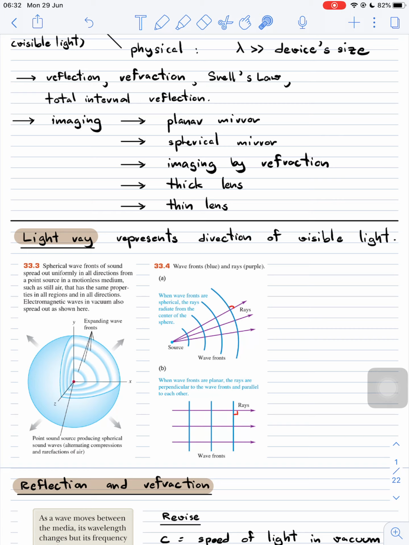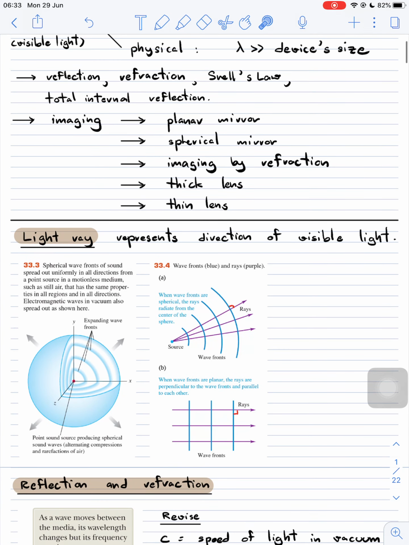We have devices to form the image: the planar mirror, the spherical mirror, imaging by refraction, which will be new for you, and the thick lens, which will be new for you as well. Then finally we have the thin lens, and later we can have combinations of these devices together.